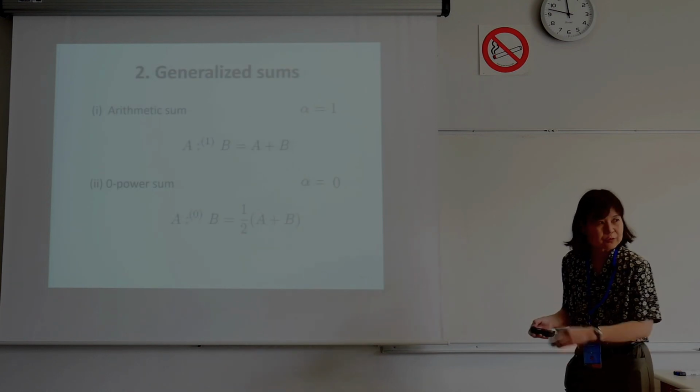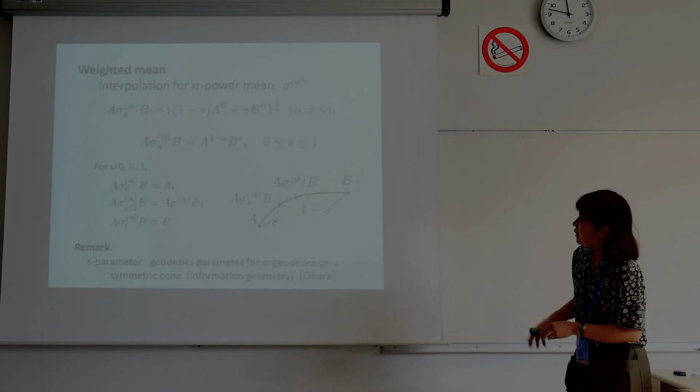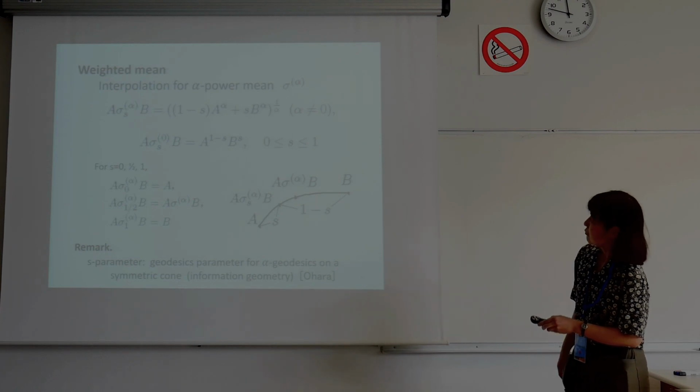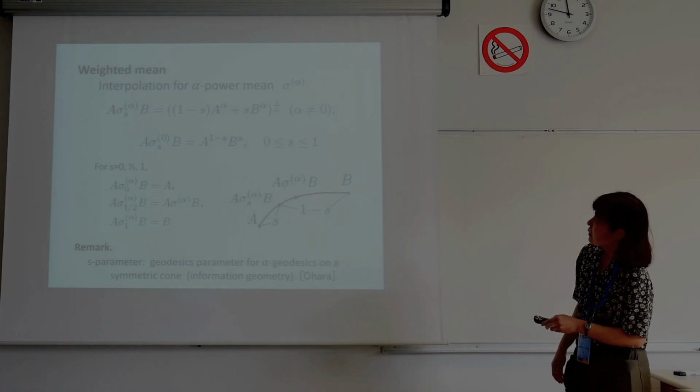So again, this is not symmetric. A to the power 1 minus s is symmetric. B to the power s is symmetric, but the product is not.